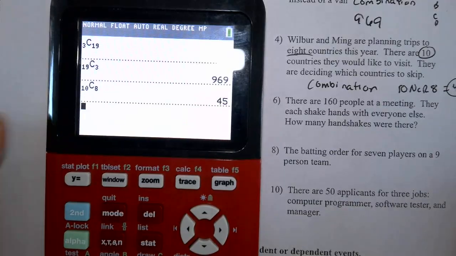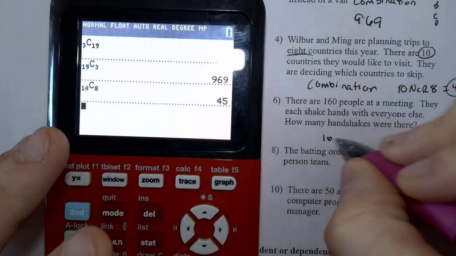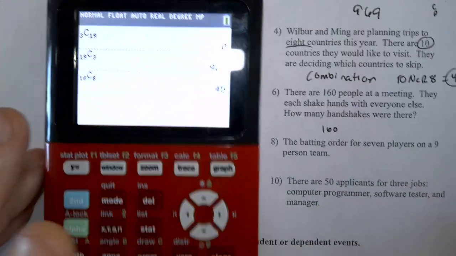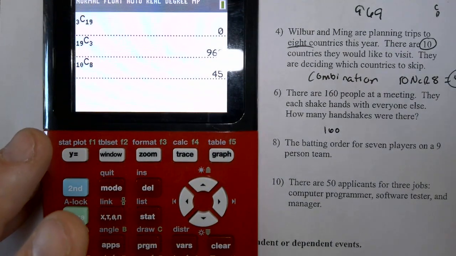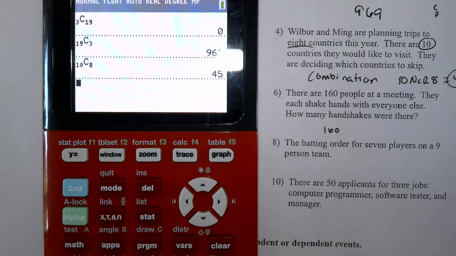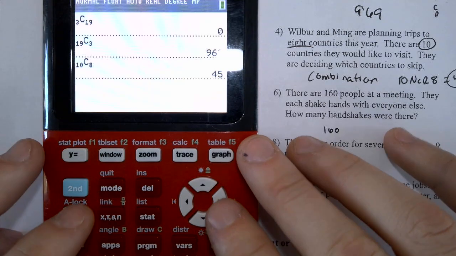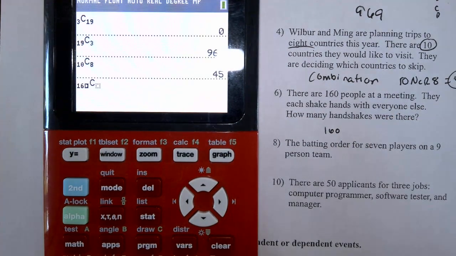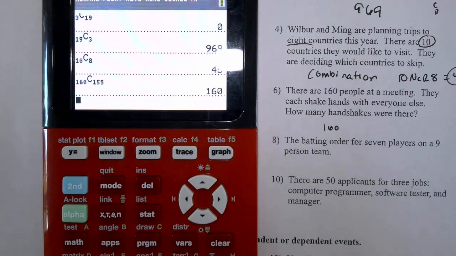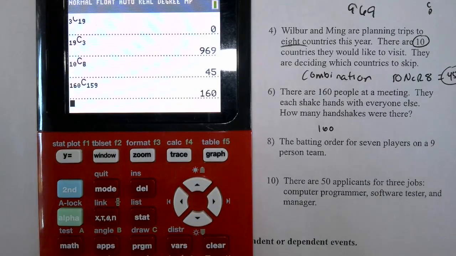So let's think. We know we're going to have 160 first. How many people will you be shaking hands with? I think you're either going to be shaking hands with 160 of them or 159, because do you count yourself in that? So I'm going to try it. We got probability. We got 160. Is it 159? No, that doesn't feel right.